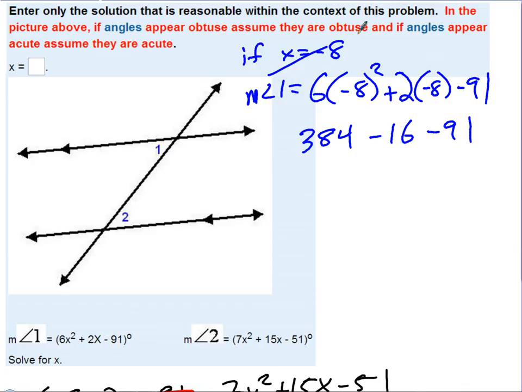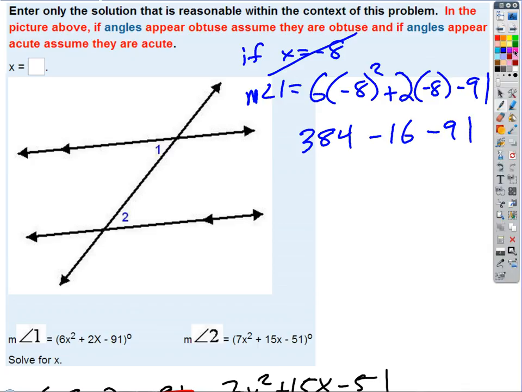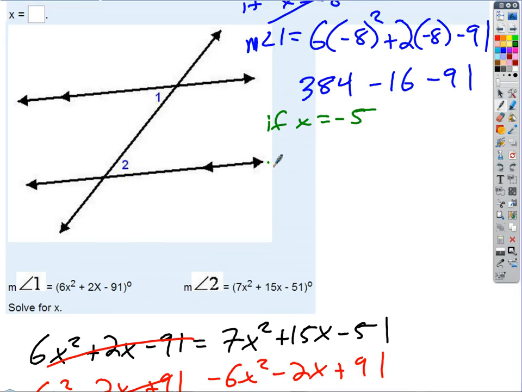Now let's make sure one of them does, though. Let's try negative 5. If x equals negative 5, we're going to get back the measure of angle 1, which is the same as 2. It doesn't matter which one we pick. The measure of angle 1 would equal 6 times negative 5 squared plus 2 times negative 5 minus 91.